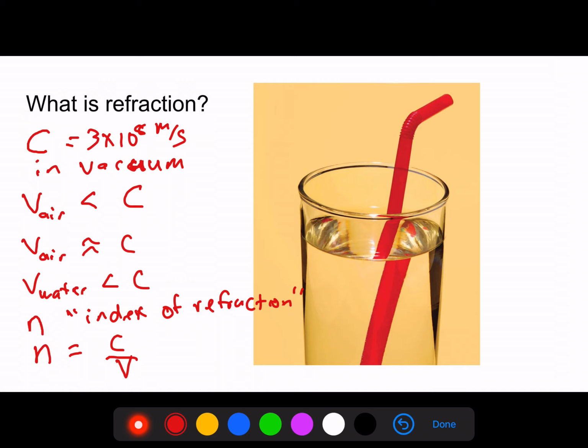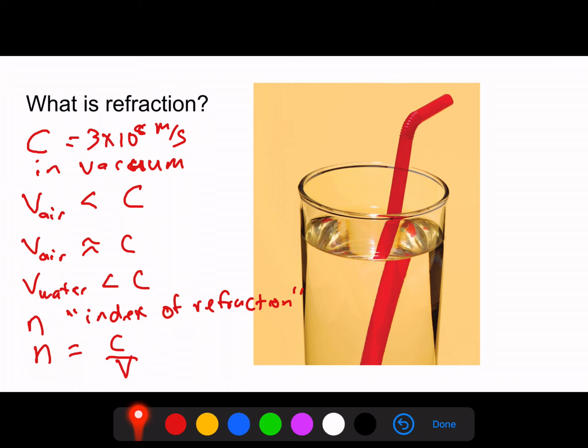So there will be different indices of refraction, different n values for different substances. So you can imagine, what kind of number is this going to be? If I was actually in a vacuum, then I would have c divided by c, and that would just give me the number 1.